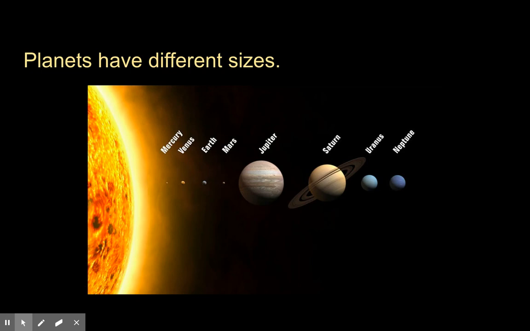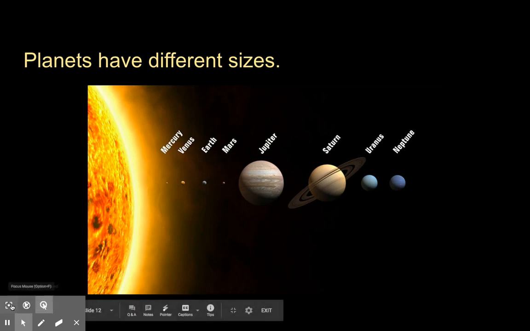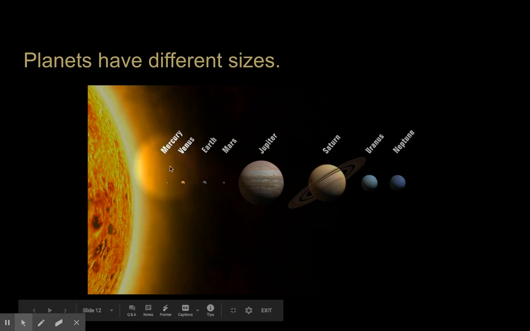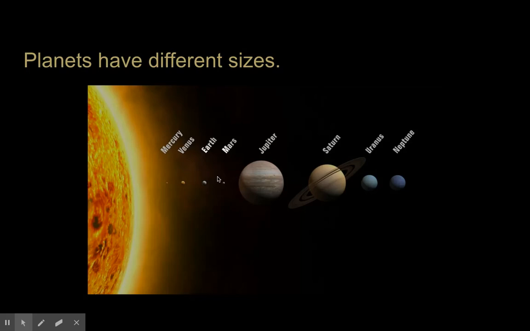All right, so if you look at the first 4 planets, Mercury, Venus, Earth, and Mars, you see quite small, all very small, especially compared to the size of the sun over here. All right, but then we get to the 4 outer planets here, Jupiter, Saturn, Uranus, and Neptune, and you see that they're much larger.